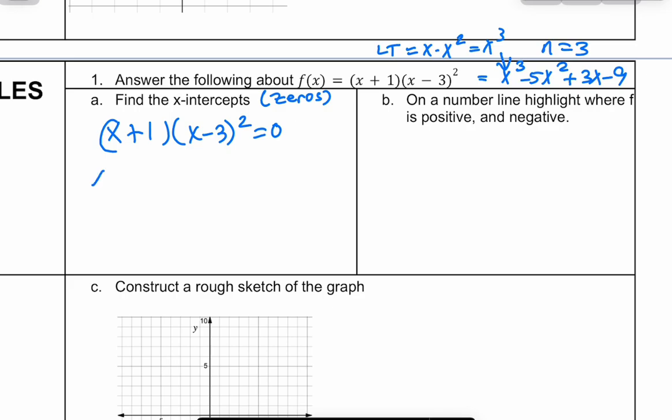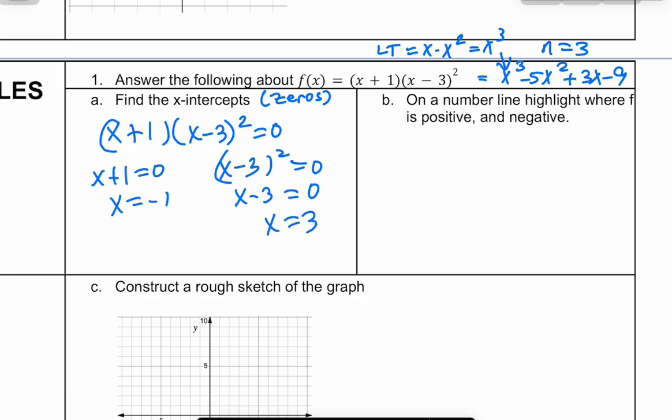So then you just rip it apart and set each factor equal to 0. The square root of 0 is 0, so you don't even need to really include the square there. You're always going to get 3 no matter what you do for that one. And for this one, you're going to get negative 1. So in that graph, like we knew up above, where it hit negative 2 and positive 2, we know the only spots that this particular function hits the x-axis are at negative 1 and 3.